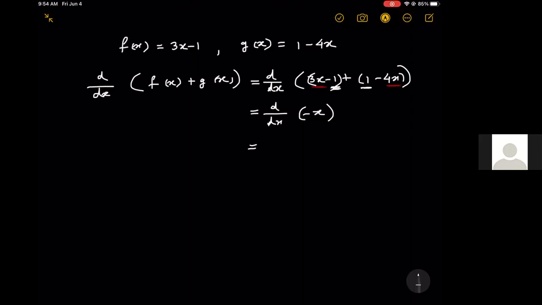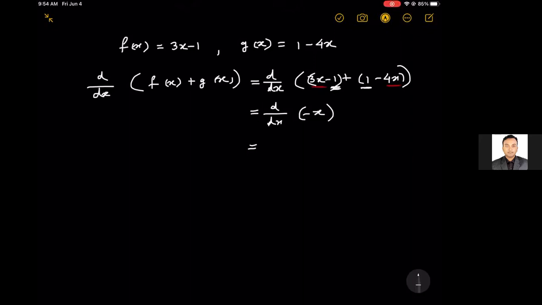In the rules of differentiation, we have nx raised to the power n minus 1. So 1 minus 1 will automatically become 0. Anything raised to the power 0 is equal to 1. So it's going to be negative 1.